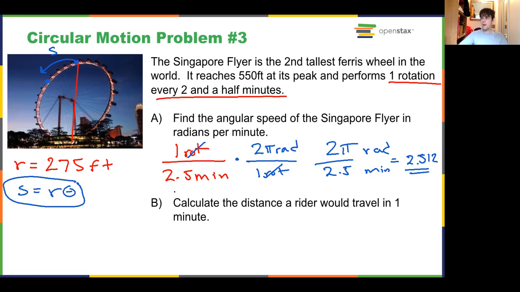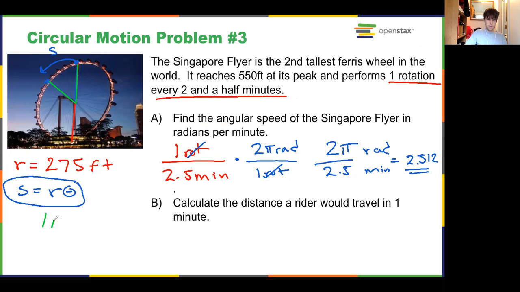We need to figure out, again, let me draw it on the picture here. We want to figure out if this is how far we're going to go, and we need to figure out what that angle is, or what fraction of a rotation we are dealing with. Maybe that blue is not the best. We'll do it in green. In a minute. And we're going to make use of this fact up here about the one rotation every 2.5 minutes.